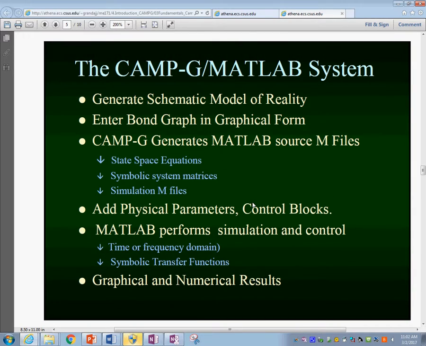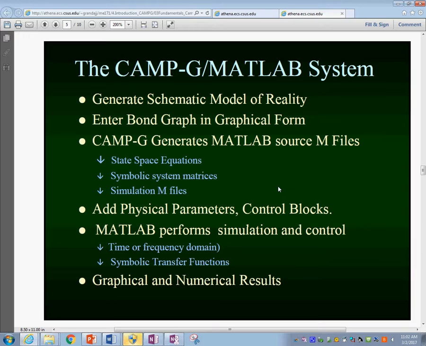Okay, so at this point it's important to point out what we have achieved and where we want to go with this. First, we generate a schematic model of real life, and then we create the bond graph model. And then once we do that, the CAMG software is going to do those three things for us.